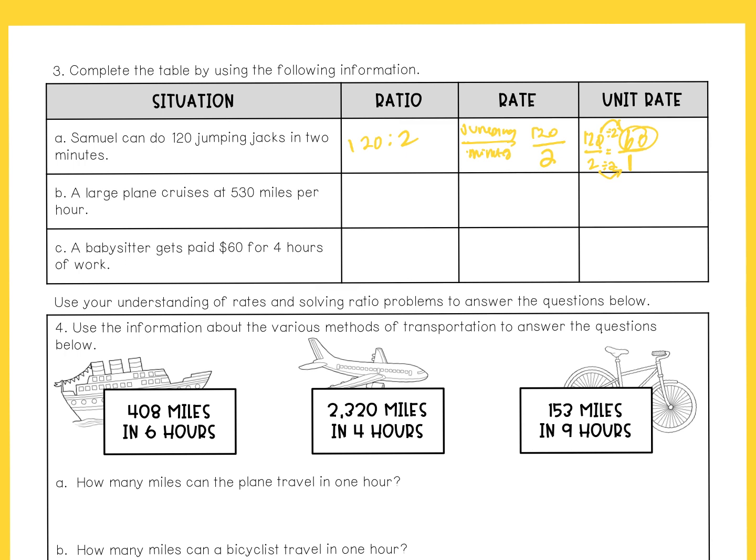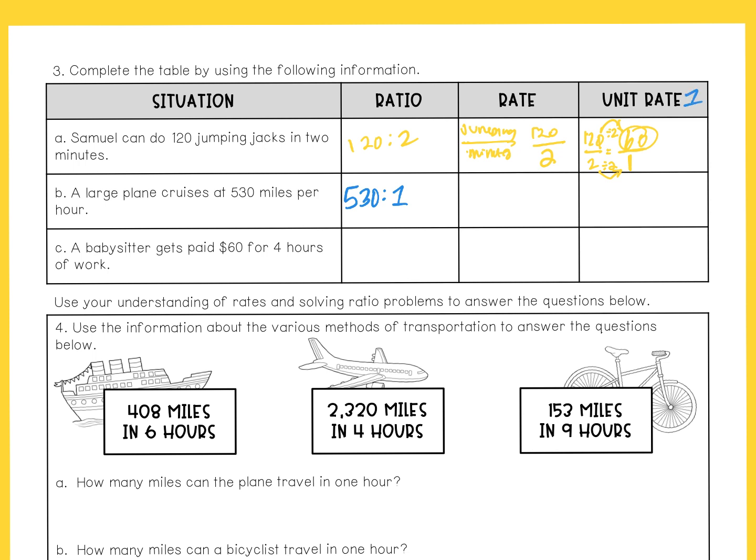Now we are going to talk about B. B says that a large plane cruises at 530 miles per hour. So 530 miles for every 1 hour. And a unit rate is talking about 1.